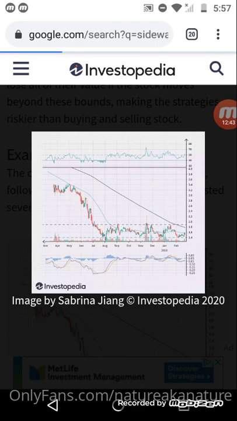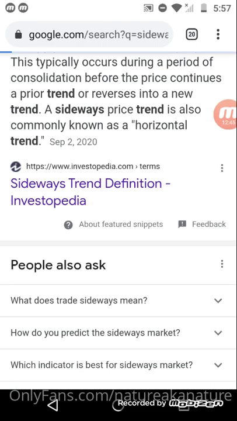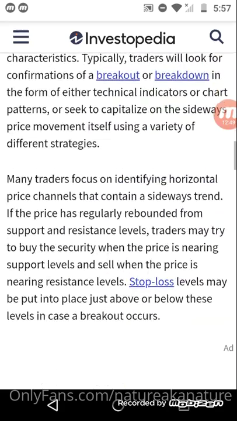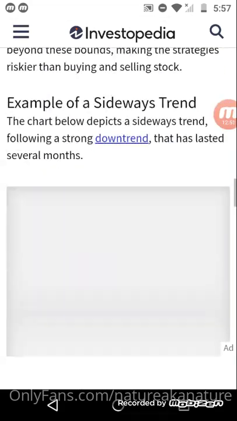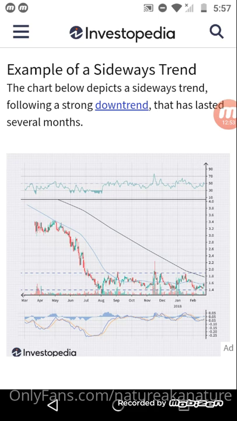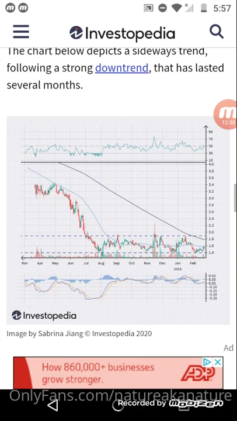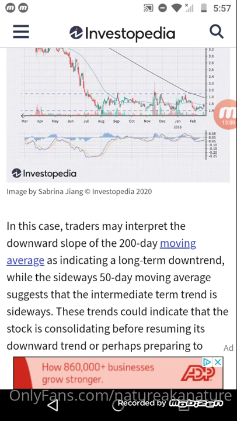This is an example of a sideways trend in this picture after a strong downtrend that had lasted for several months. In this case, traders may interpret the downward trend from the 200-day moving average. It had a 200-day moving average on there, indicating a long-term downtrend, while the sideways 50-day moving average suggests that the intermediate term trend is sideways.